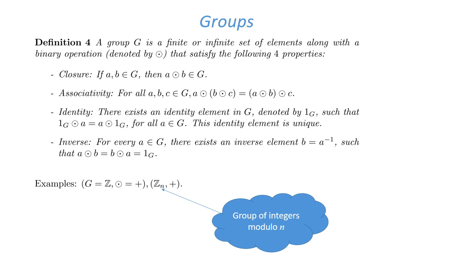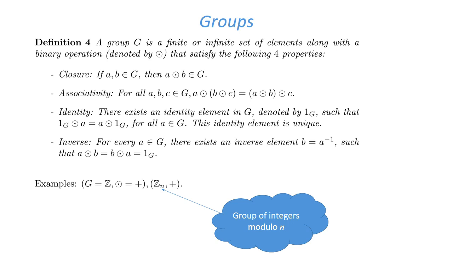there exists an identity element in the set of integers, namely the value 0. Adding it to any other integer does not change the value of the integer. Finally, there exists an inverse for every integer. So for example, the inverse of 3 is -3, the inverse of -5 is +5, and so on.